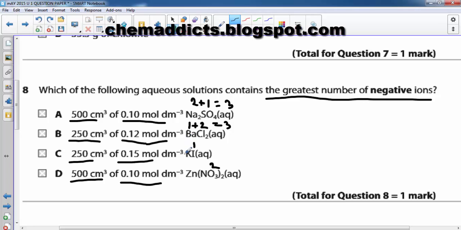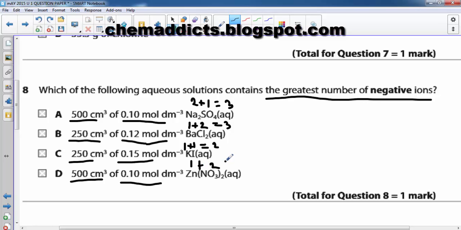In the case of potassium iodide we get total 2 ions, 1 cation and 1 anion. And in the case of zinc 2 nitrate, 1 zinc ion and 2 nitrate ions give us 3 ions.